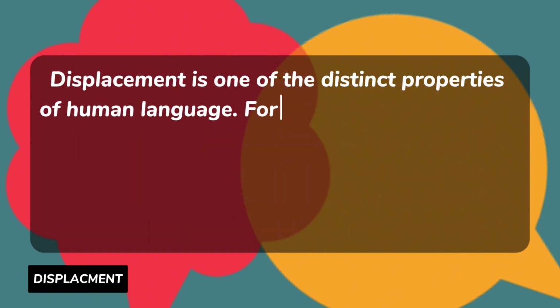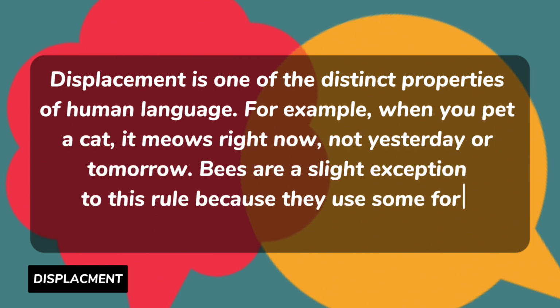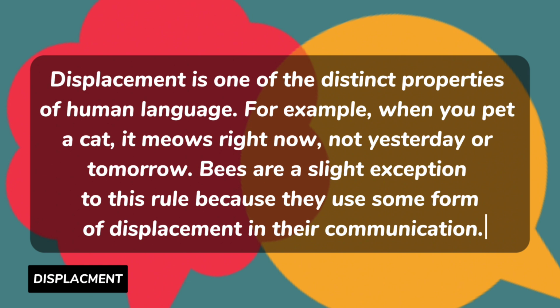Displacement is one of the distinct properties of human language. For example, when you pet a cat, it meows right now, not yesterday or tomorrow. Bees are a slight exception to this rule because they use some form of displacement in their communication.